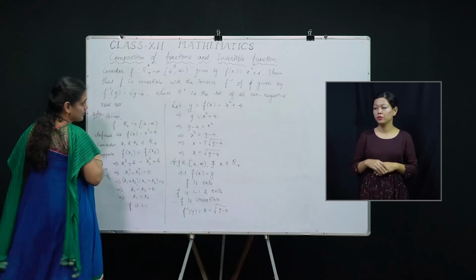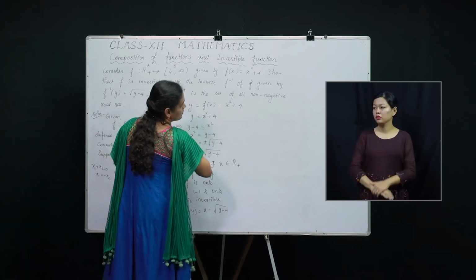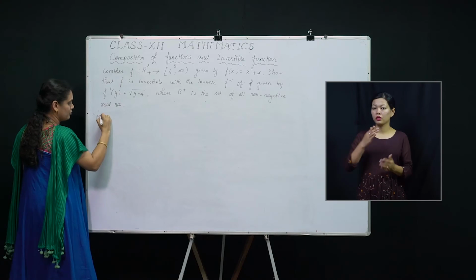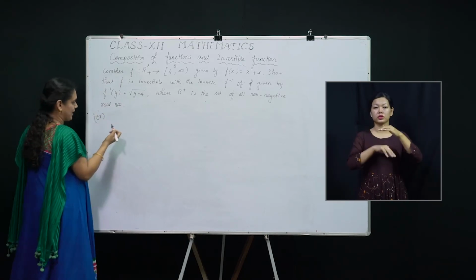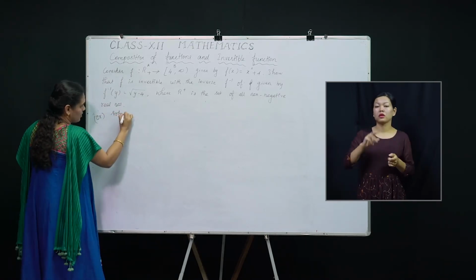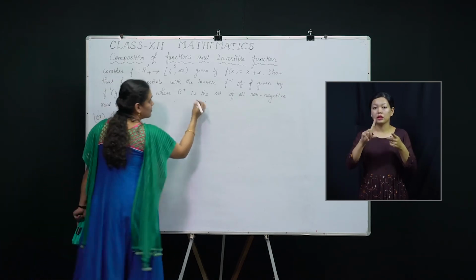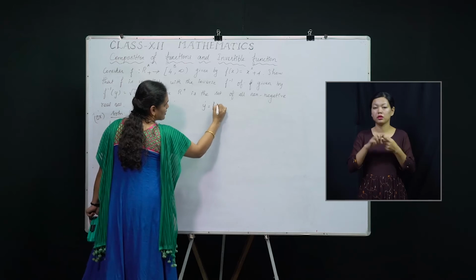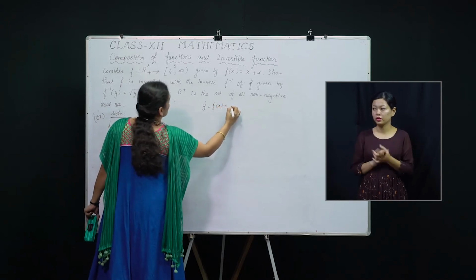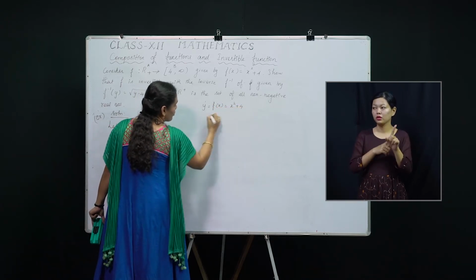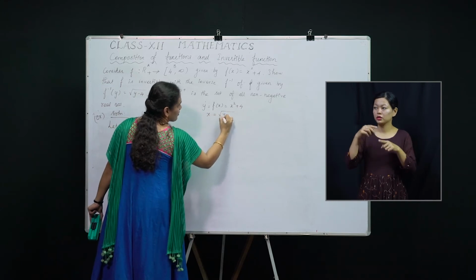Then the other one is the other method. You can do either the first one or the second one. Okay, let us define first of all from the f(x). Now you take y equal to f(x), that is equal to x squared plus 4, and if you rewrite you get x equal to root over y minus 4, right?